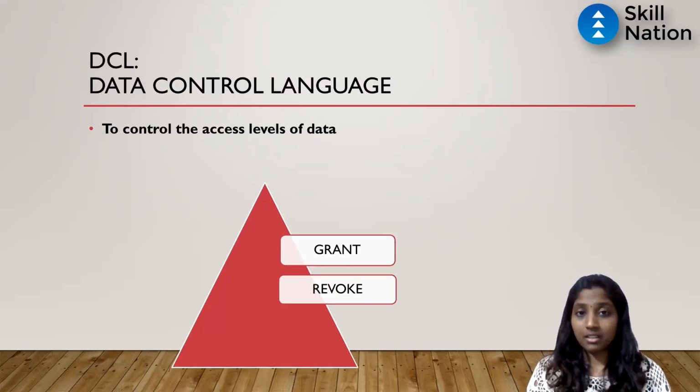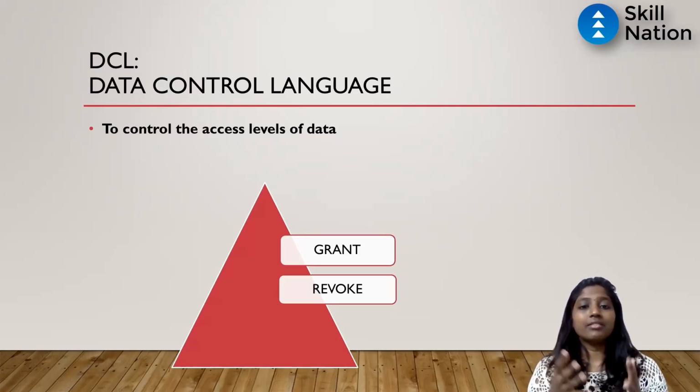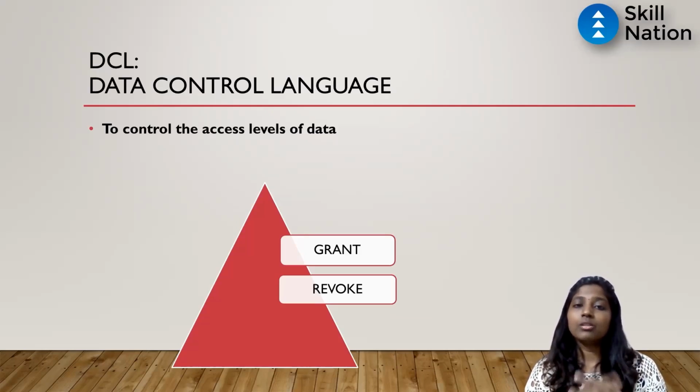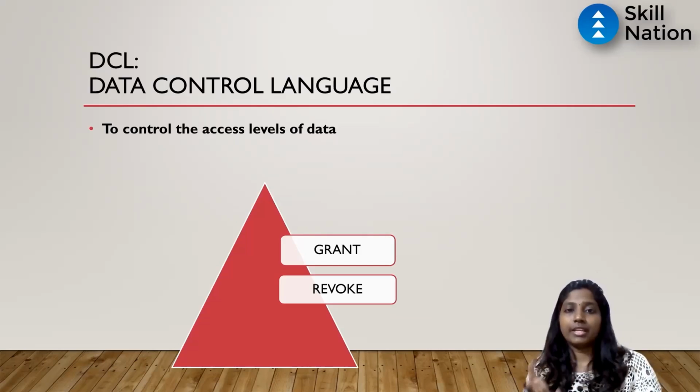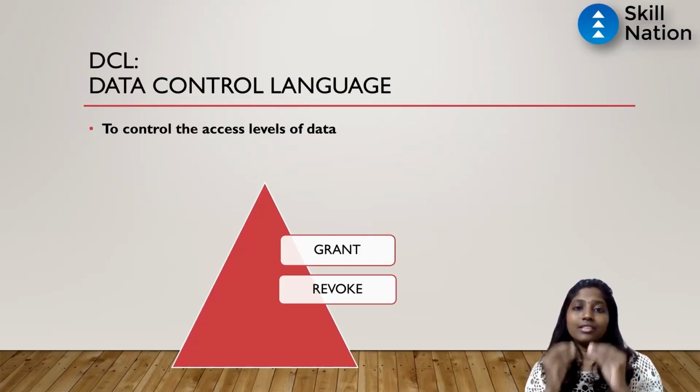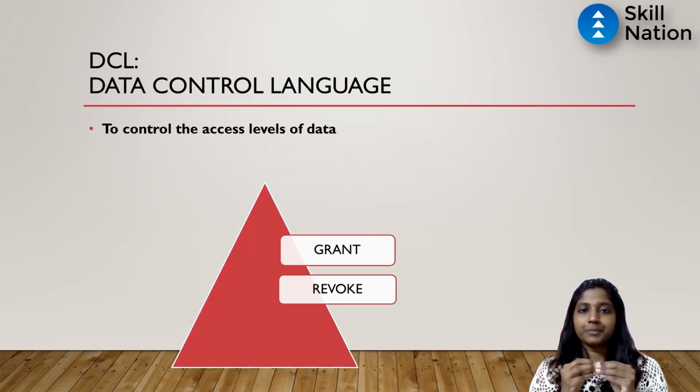The next is data control. What do you mean by data control? For example, if you want to see data, or you want to access the data to change it, these kinds of access levels are there. So to control the access level of data, which is nothing but whether you're eligible to access the data or not, we have two types of queries, grant and revoke.